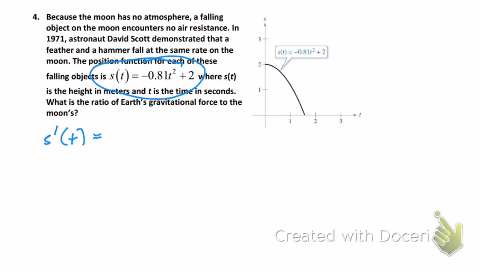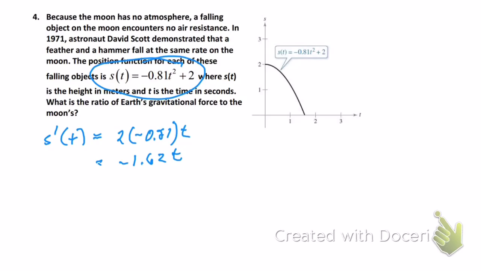Well, power rule says 2 times negative 0.81 t. And then the 2 drops out because it's a constant. So I've got negative 2. No, scratch that. Let me see if I can multiply today. I've got negative 1.62 t.